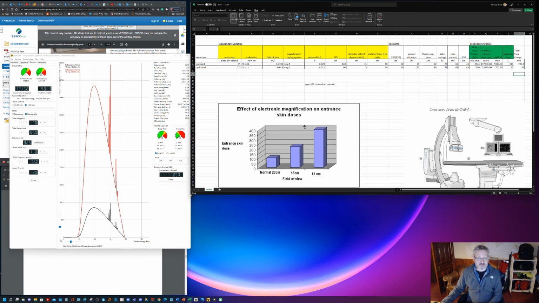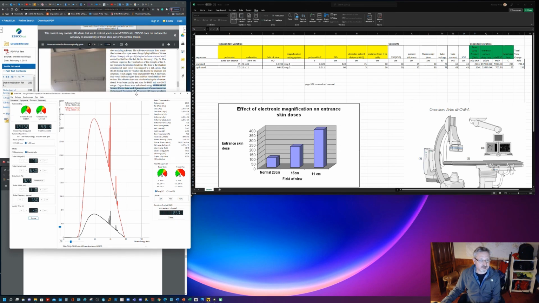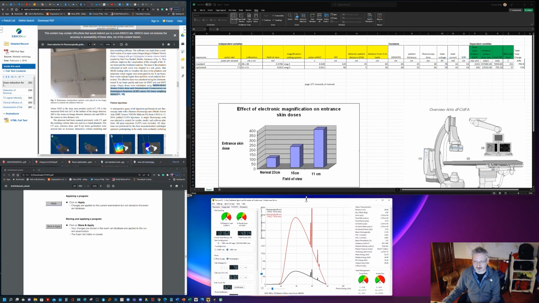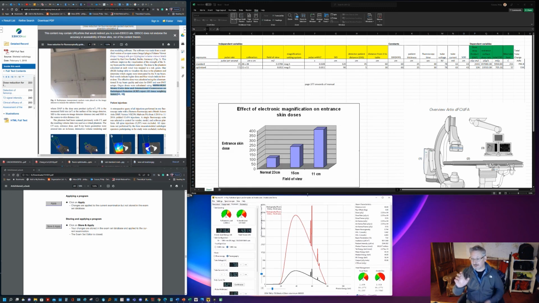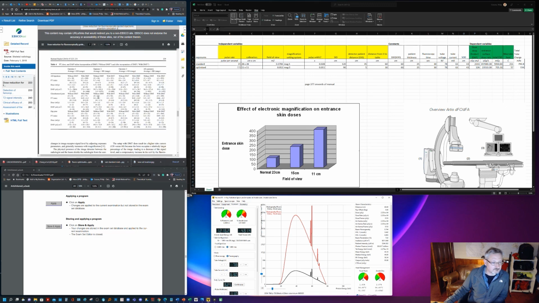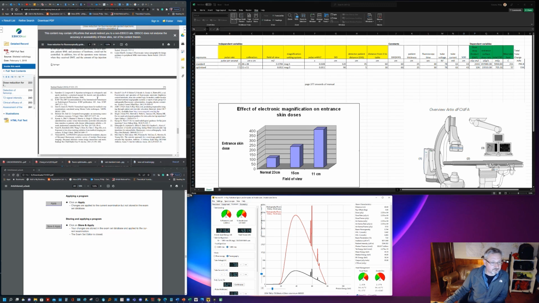Okay, now what we can't tell from this experiment is how the image quality fared, because obviously the picture was tiny, where it had been magged up, it was small, and also there's less dose, so it might have been a little bit grainier maybe, I don't know. They do not mention that the image quality was reduced, in fact, and they show some pictures of before and after, I believe.